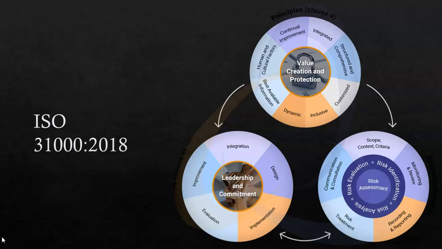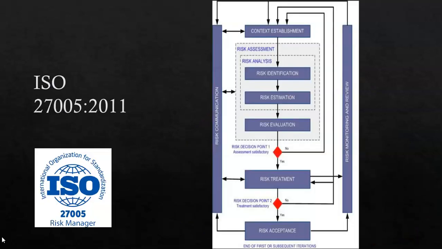To implement the ISO 31000 standard, you can use ISO 31004, that is risk management guidance for the implementation of ISO 31000. Also, you must understand that the 31000 series only addresses general risk. Information security practices are addressed in the ISO 27000 series, and in this series we have the standard ISO 27005:2011, that is information technology security techniques, information security risk management.